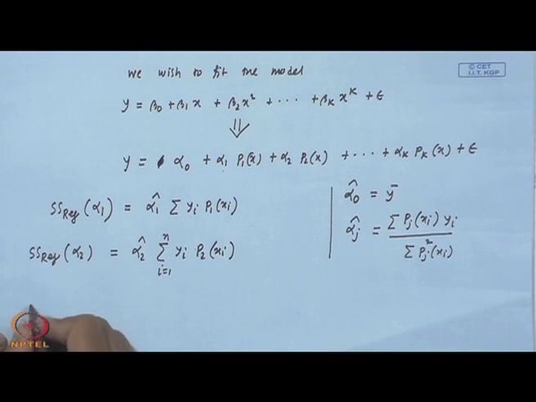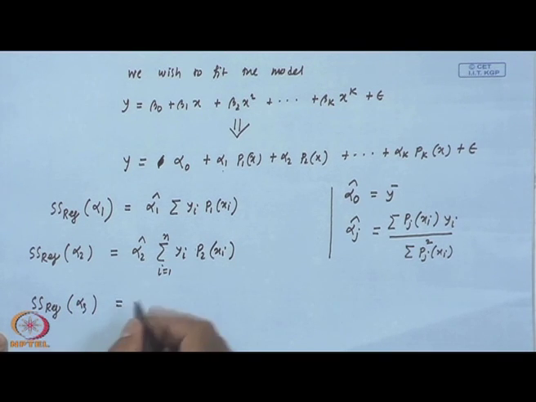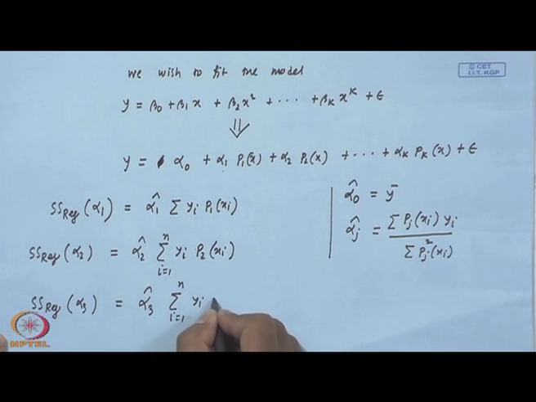And similarly, SS regression due to alpha 3 is equal to alpha 3 hat sum over i from 1 to n yi p 3 x i.